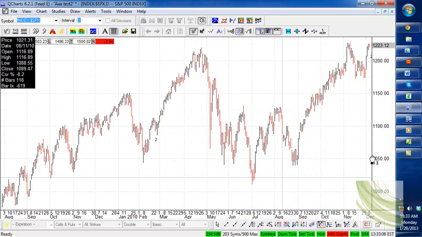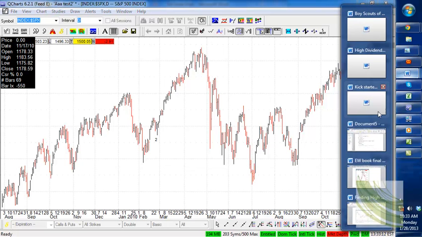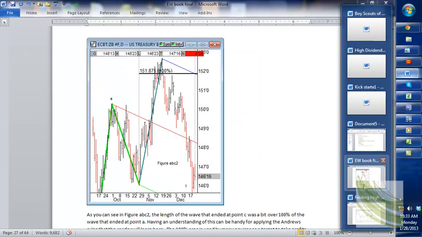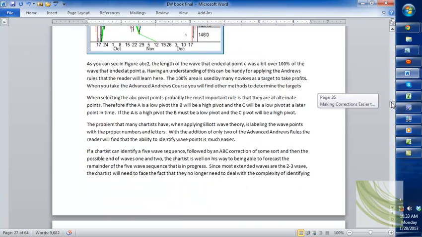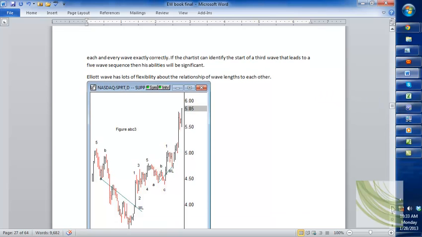Okay. Now, how does this fit in with Andrew's theory? Well, it's really very straightforward. See, Dr. Andrews said that prices make the median line in 80% of the cases, and that the median line was a really good indication of what direction the trend was.